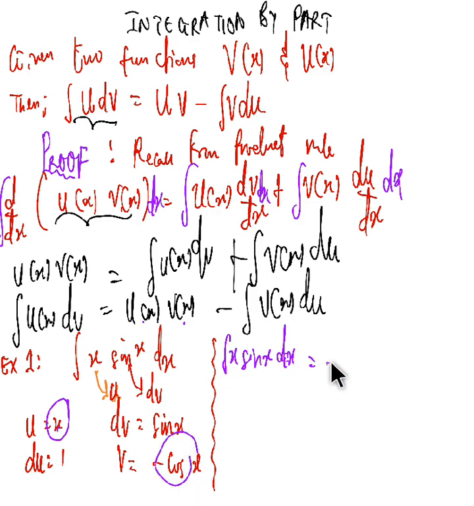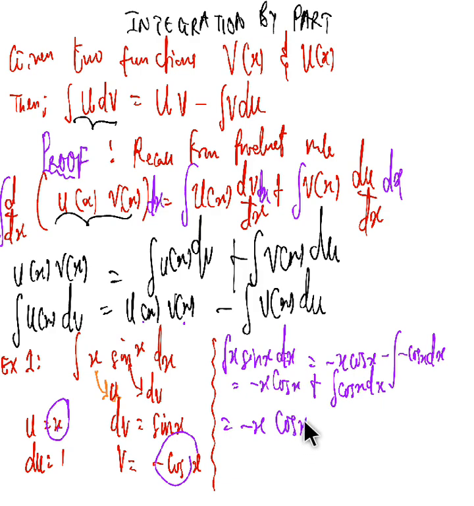So we have minus x cos x, then minus the integral of v of x du, that is minus cos x dx. Minus times minus will give us plus. So we have minus x cos x, plus the integral of cos x dx. If you integrate cos x, that will give us sine x. We have minus x cos x plus sine x, then everything plus c.